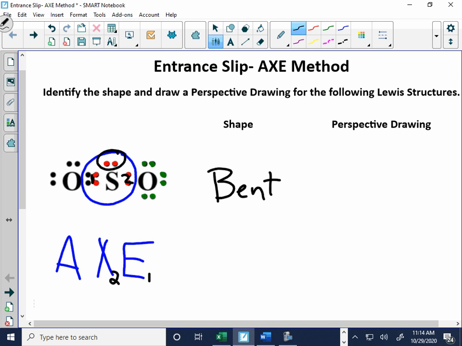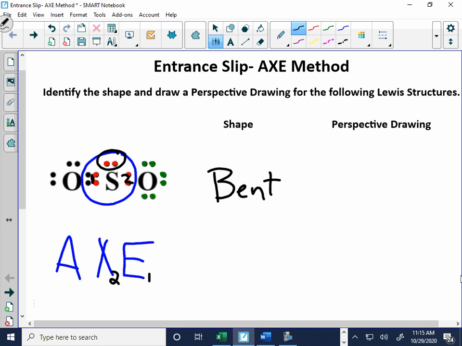bent, correct? Now remember, we had 2 different types of bent. One bent had 2 unshared pair, one bent had 1 unshared pair. So this is the bent that has 1 unshared pair. So when I need to do my perspective drawing, I need to go back and find the bent that has 1 unshared pair.